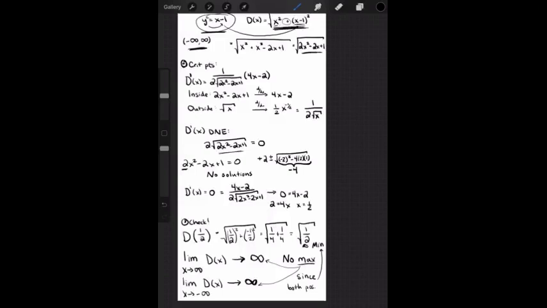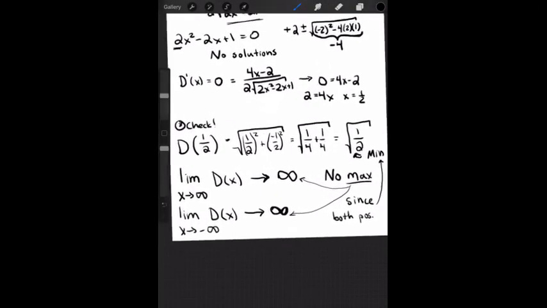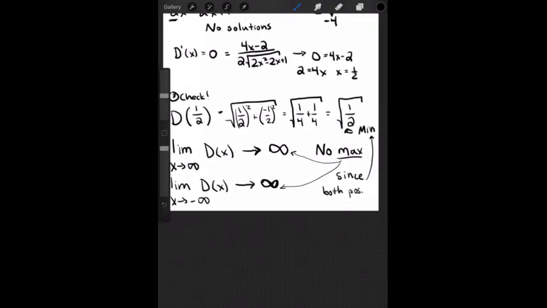So on either side, the function is going off to positive infinity, and so we're never going to reach the biggest number, because we're just going to get closer and closer to infinity. But neither of them are going down to negative infinity, so we can actually reach a smallest number. And it's going to be that square root of 1/2.